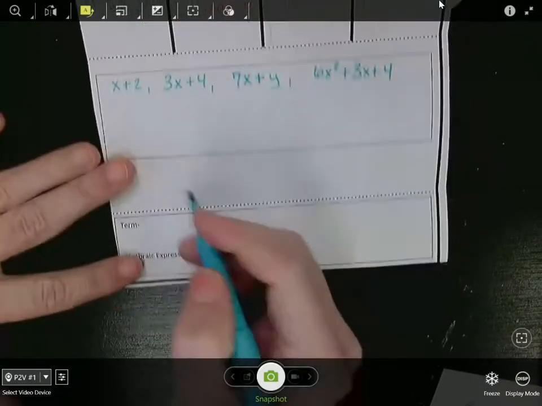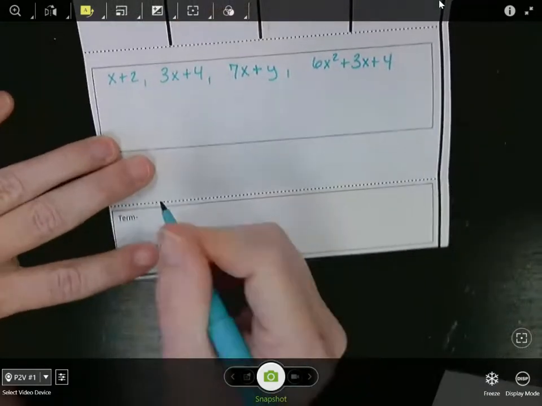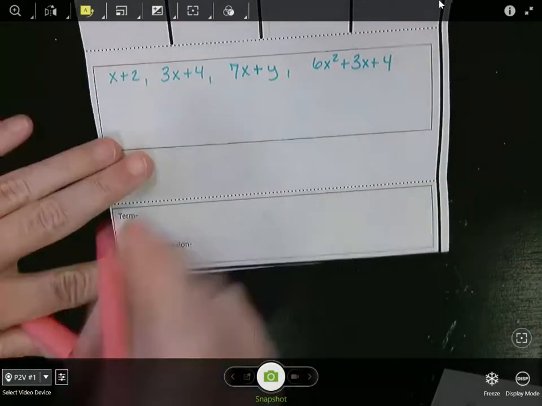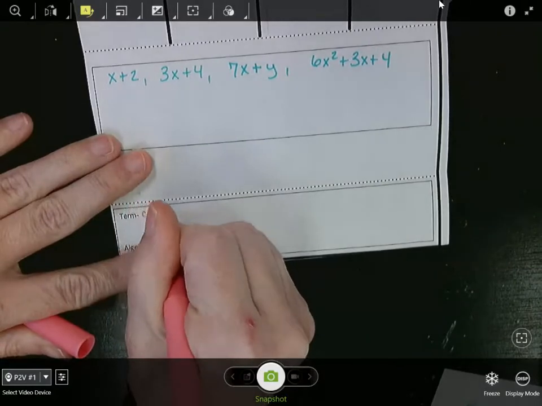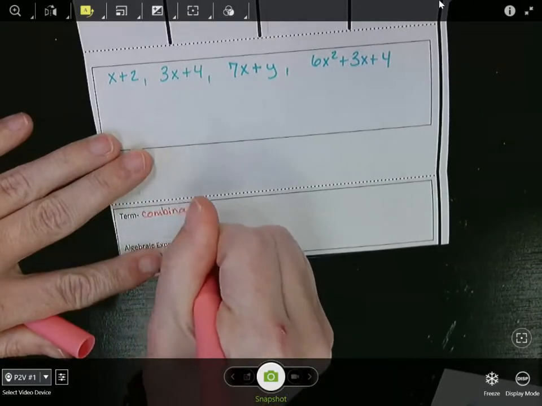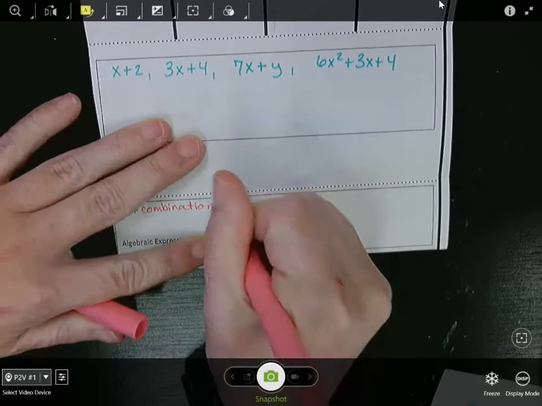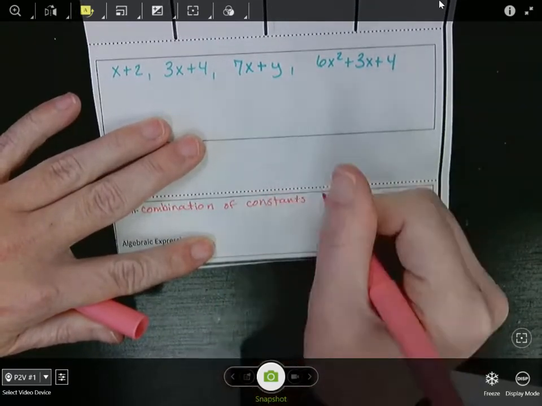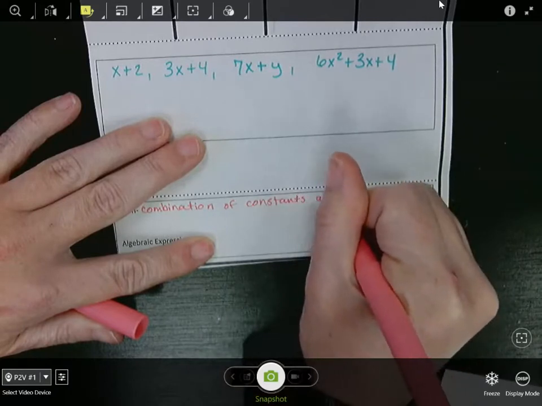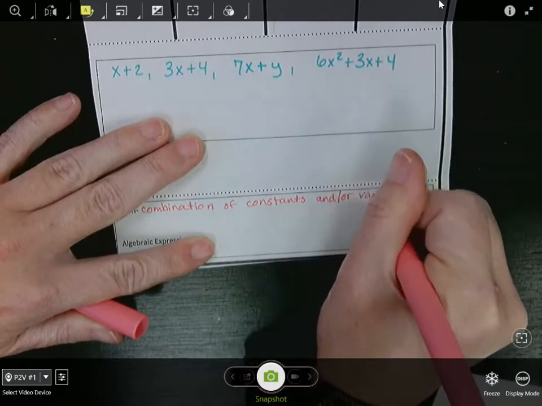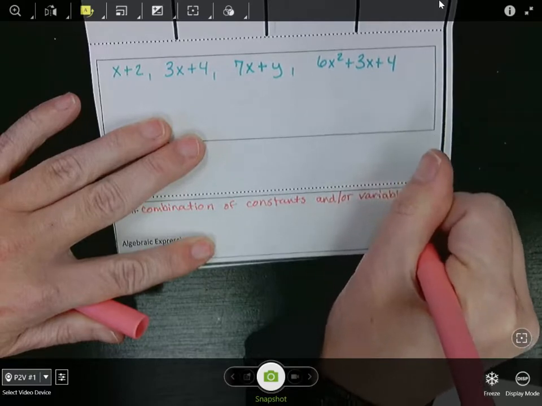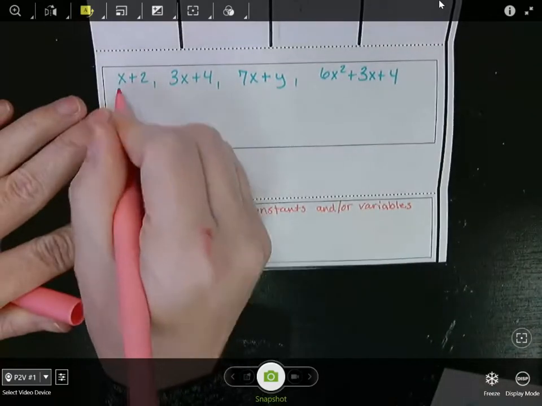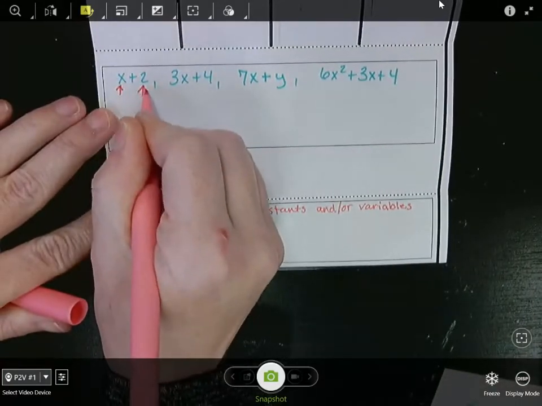A term is a combination of constants and or variables. Okay. So for instance, in this algebraic expression, x is a term and 2 is a term.